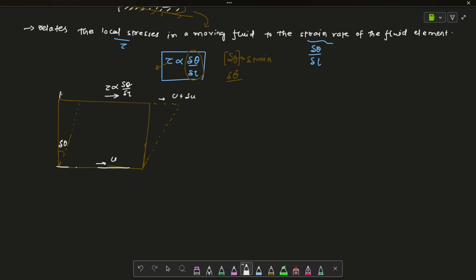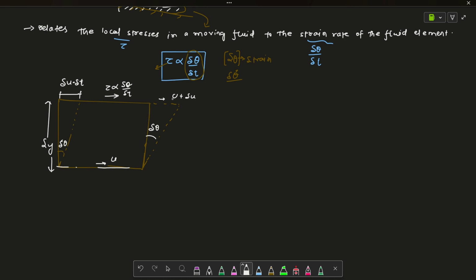So the extra distance covered is del u into del t, where del u is the velocity and del t is time. So this is the extra distance that the upper part has covered. This is also del t, and the y distance we will take as del y.